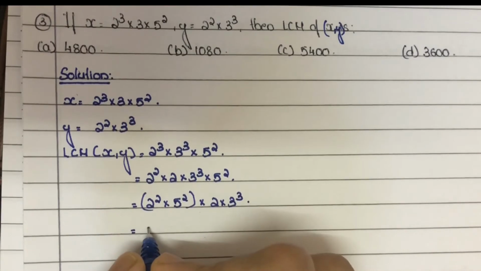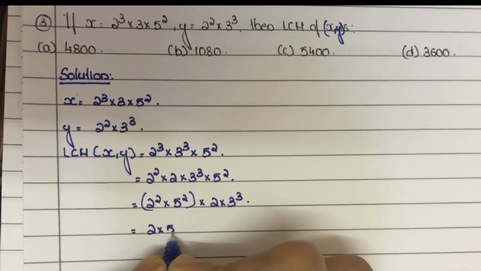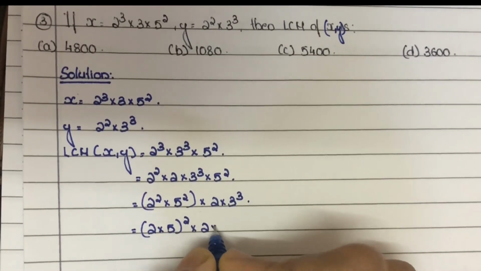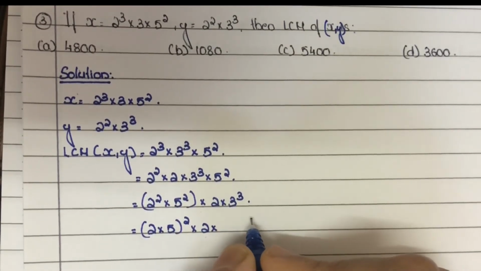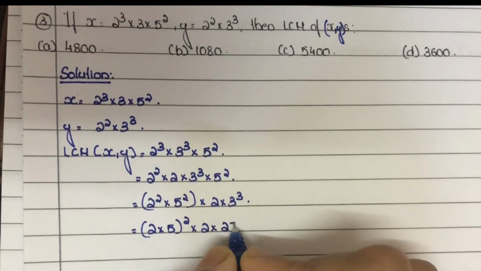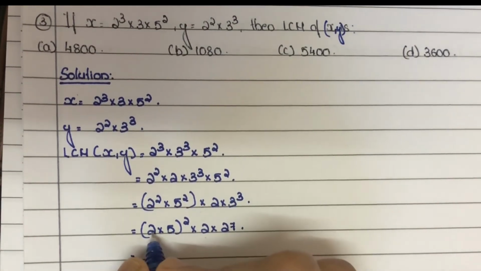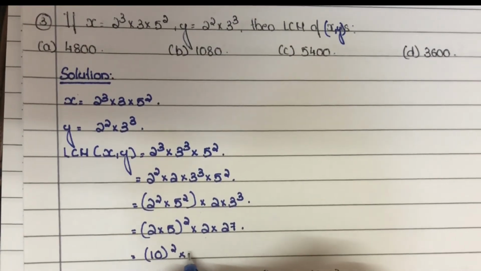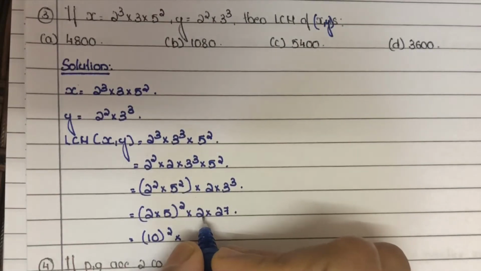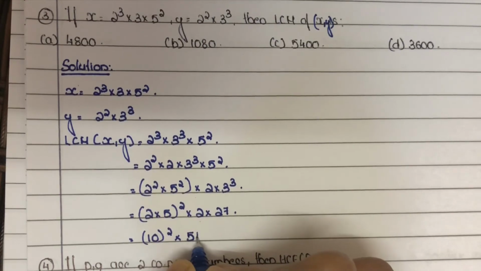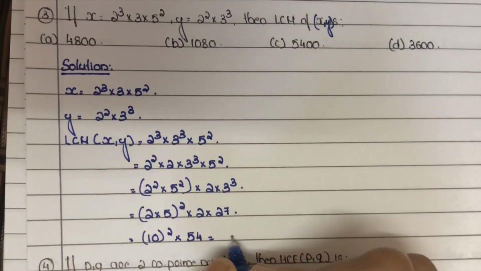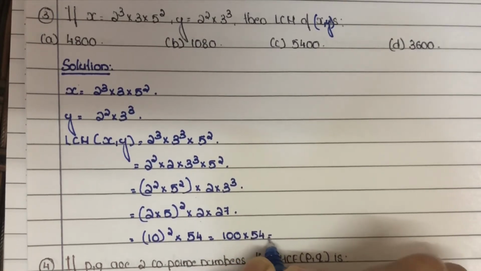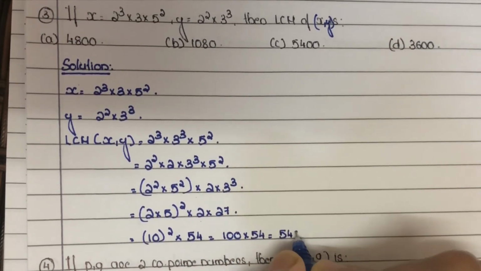That's equal to (2 into 5) whole raised to 2 into 2 into 3 raised to 3. 3 into 3 is 9, 9 into 3 is 27. That's equal to 2 into 5 is 10, 10 squared into 2 into 27 is 54. That is equal to 10 raised to 2 is 100, 100 into 54 equal to 5400.